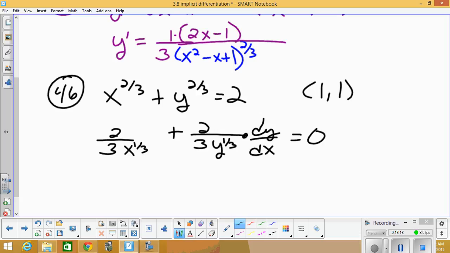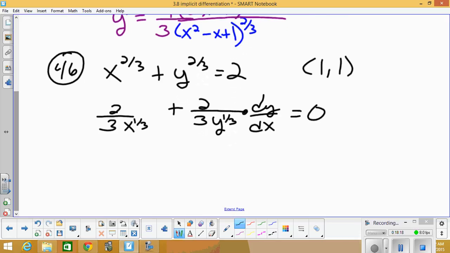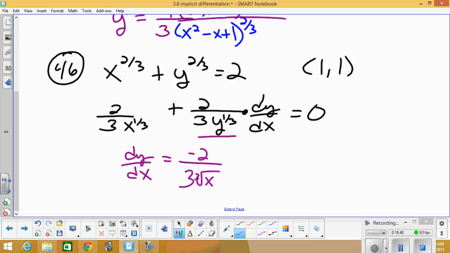Derivative of the next side. We're going to go ahead and solve for dy/dx. I'm going to subtract the 2/3 x to the 1/3. And I think at this point, maybe I could put it in radical form. So I'll say the cube root of x. And then I'm going to want to multiply by the reciprocal of this expression.